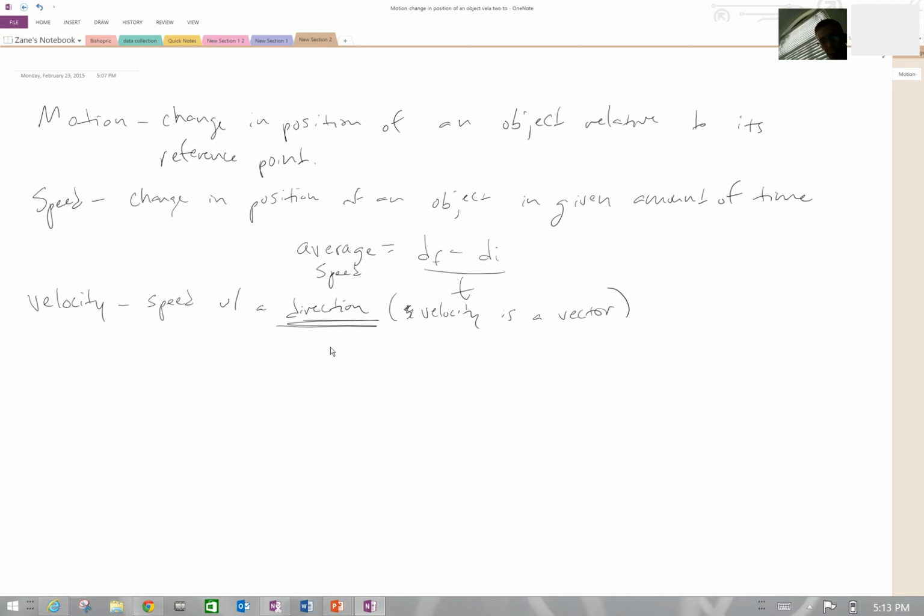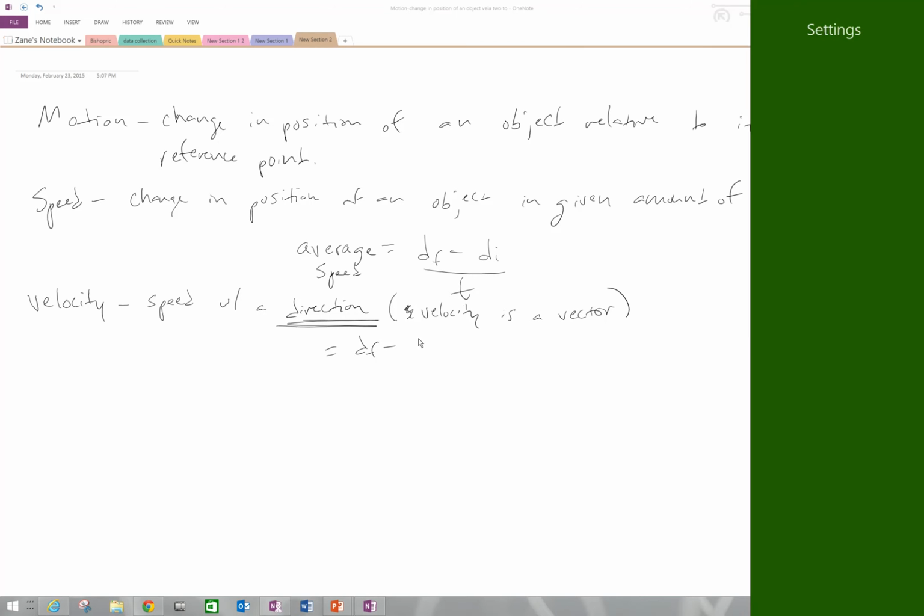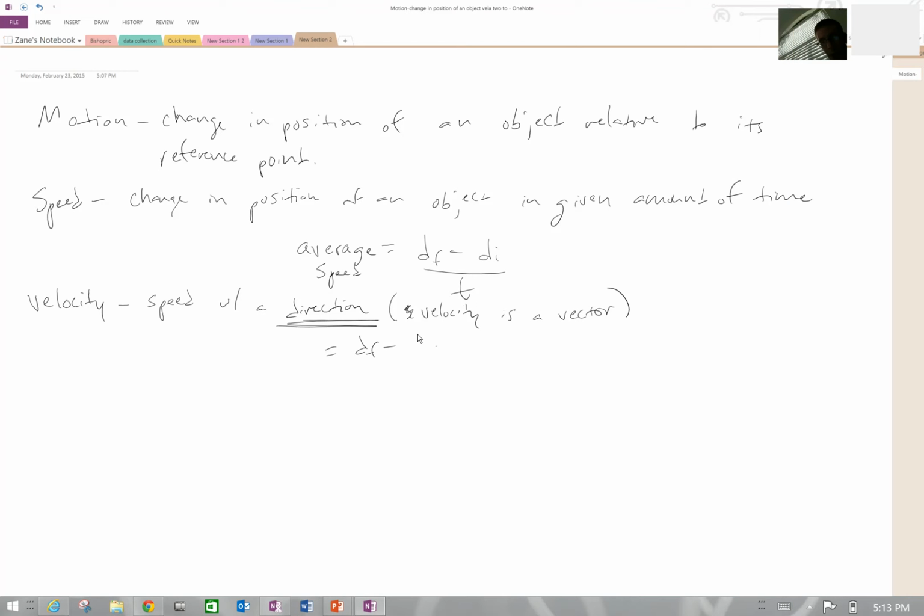Okay, so we're still going to do v equals df minus di over the amount of time, but remember velocity always has to have a direction associated with it. So it could be 6 meters per second south or 6 meters per second up, whereas speed is just 6 meters per second. Okay, just focus on the direction there. Okay. I think that pretty much does it for lesson 1.